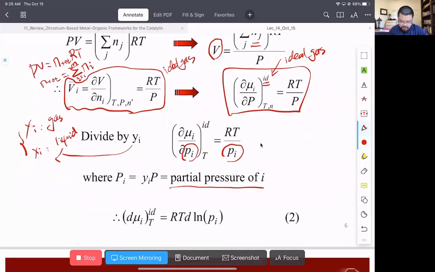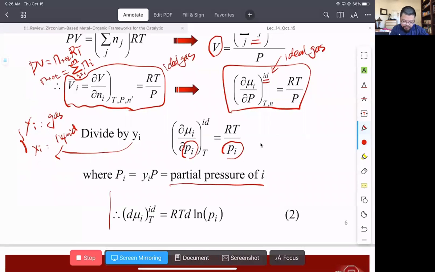This is the partial pressure of component i. Then we receive this very nice equation. This is the derivative of chemical potential for component i. If this is the ideal gas phase, then it is simply expressed by RT d log of the partial pressure.